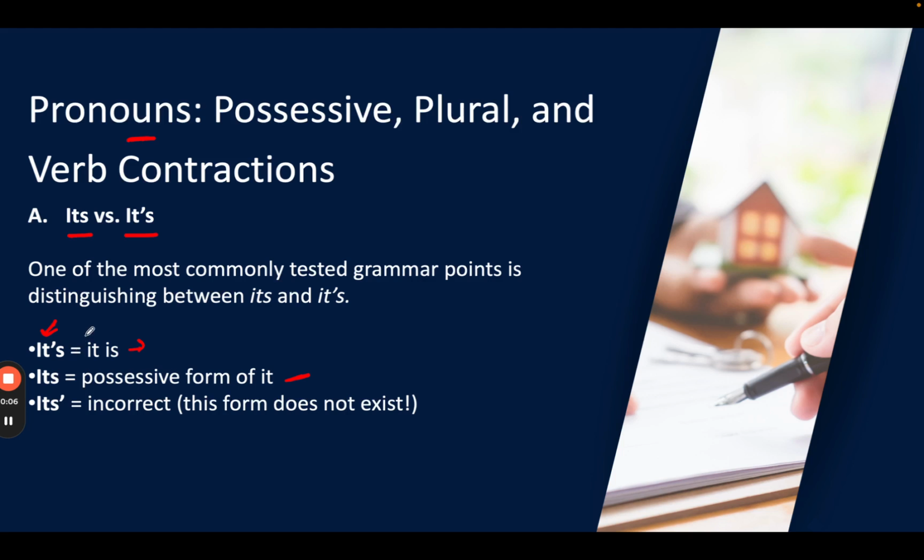It's basically a contraction of verb. And there is nothing called its apostrophe. So if any option states its apostrophe, eliminate it straight away. It's simply incorrect. So it apostrophe S is nothing but a shorter form of it is. And its without an apostrophe is used to show possession, owning of something.